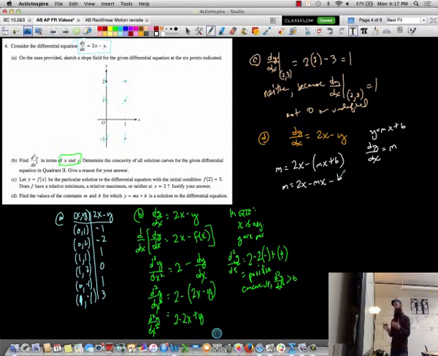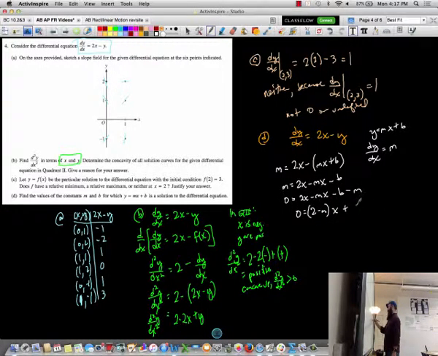And then I'm going to get everything on the same side and combine like terms. So the x's have coefficients of 2 and m, so I'm going to subtract those. And then the minus b and minus m is like one constant, where I'm subtracting b plus m like this.